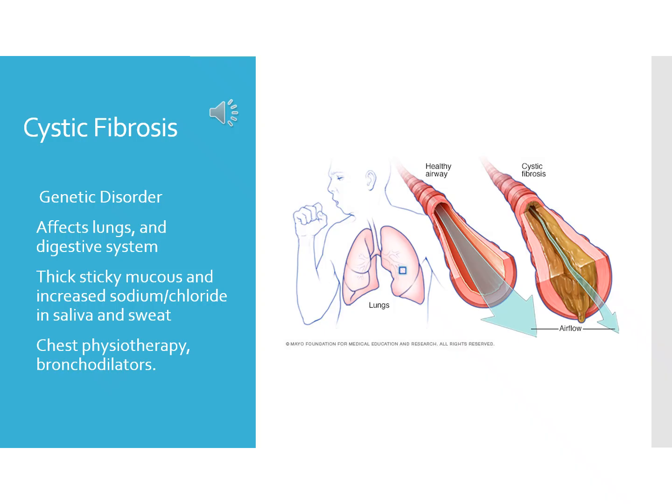All right, so cystic fibrosis is going to be another respiratory disorder. Cystic fibrosis is actually a genetic disorder that can affect the exocrine glands of the body and causes a production of mucus in the patient's respiratory system.